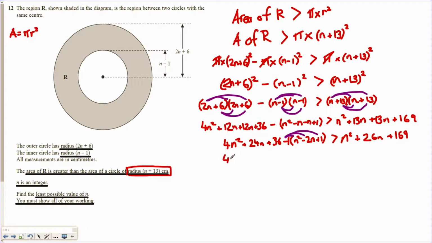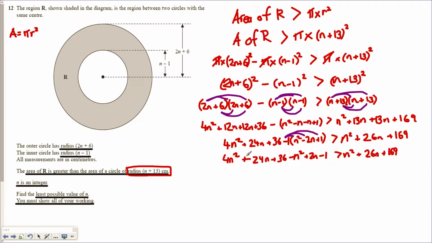So we're going to have 4n squared plus 24n plus 36 minus n squared plus 2n minus 1, and that's all going to be greater than n squared plus 26n plus 169. So I'm going to collect the like terms once again.